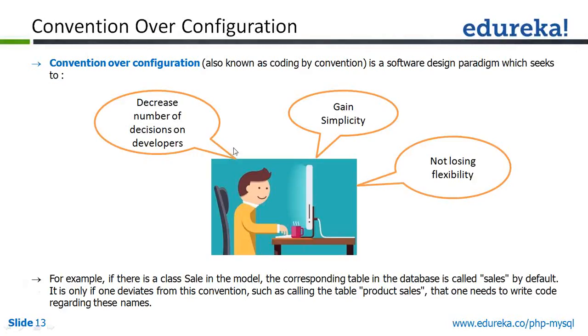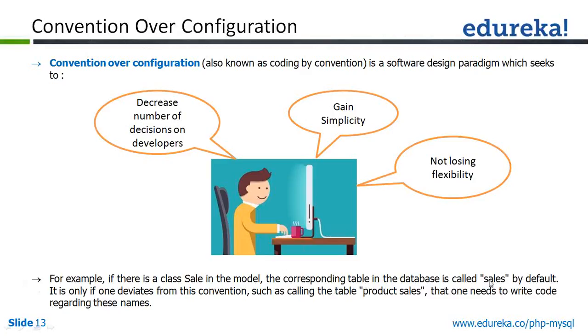Simple thing: every name we use has a corresponding meaning. For example, if there is a class Sale in the model, the corresponding table in the database is called sales.